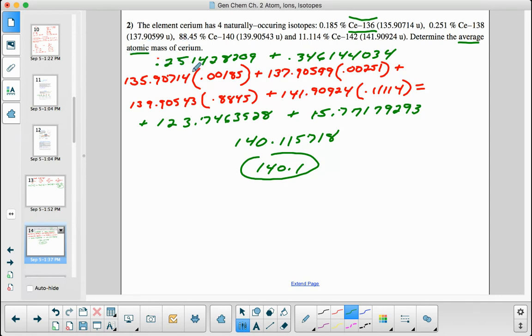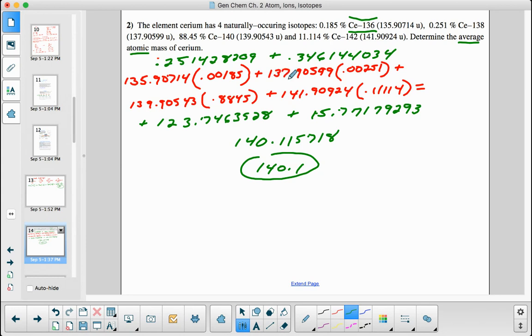Well, here's what I do. I'm going to take, in the red, each value and multiply by the relative abundance of it. So I'm going to take, instead of 0.185%, 0.00185. So it's out of 1 rather than out of 100%.